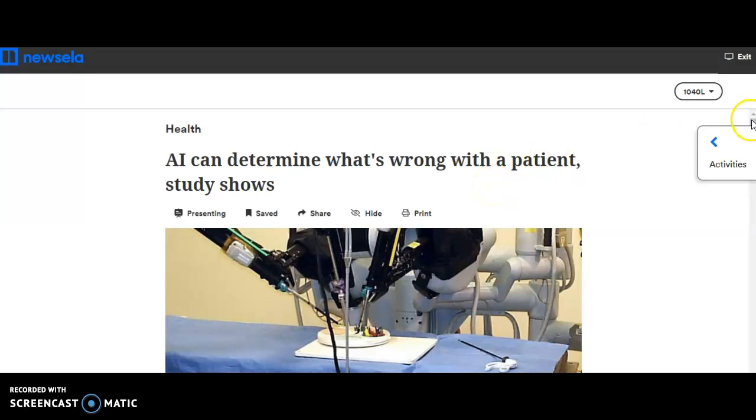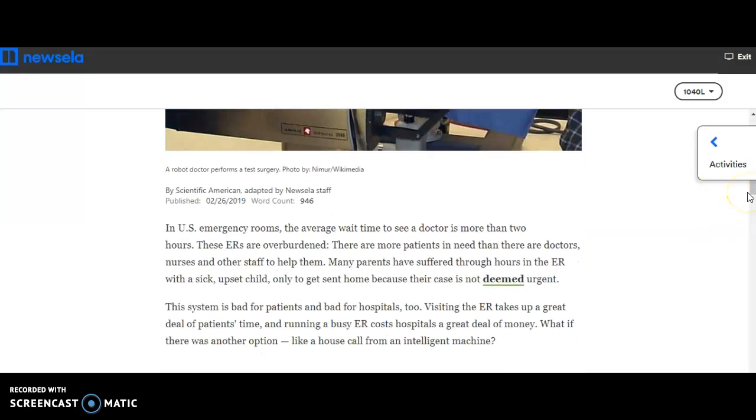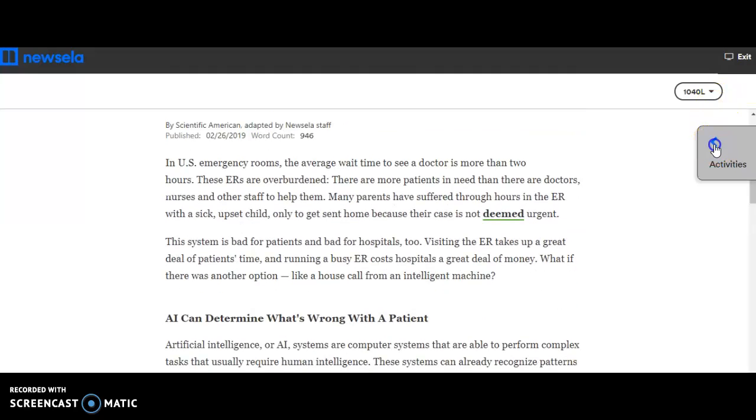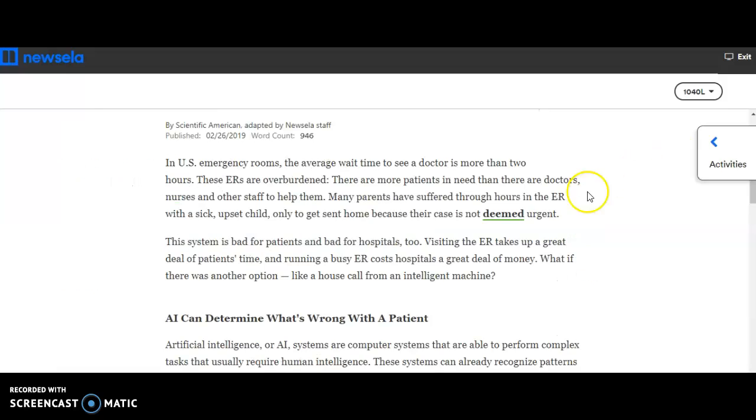You'll see this over on the side, which is the activities, but I'm not going to worry about that right now, only to show you, when you click on it, there are 3 assignments that come up. I only want you to do the ELA assignments. We've got power words, which is a short answer question, and then a quiz, which is 4 questions. So I'm going to click out of that. I will go over the activities in a little while.